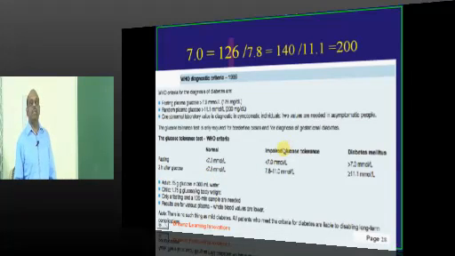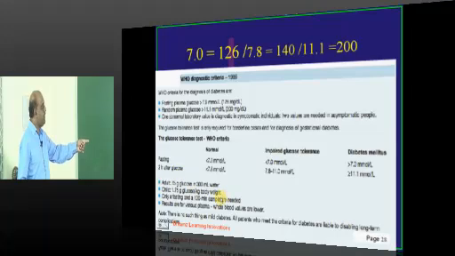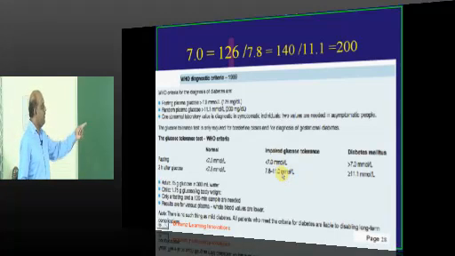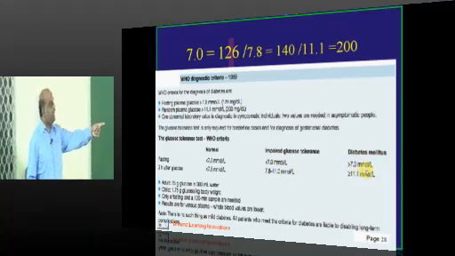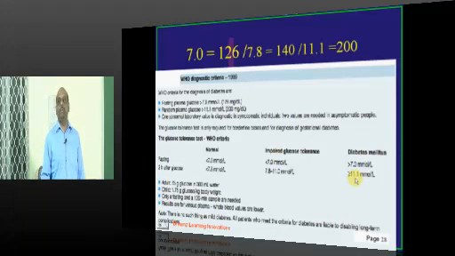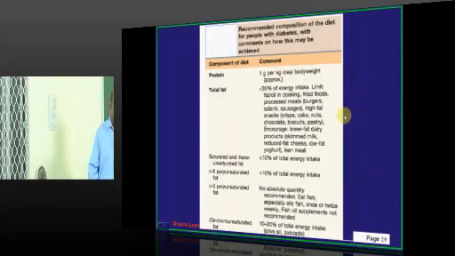Impaired glucose tolerance means fasting less than 126, but after taking the glucose load, if you check after 2 hours and it is between 140 to 200 milligrams per deciliter, then you call it impaired glucose tolerance. But if the fasting is more than 126 and 2 hours after the glucose load it is more than 200 milligrams per deciliter, then it is called florid diabetes mellitus. So that's how you basically come to a conclusion.